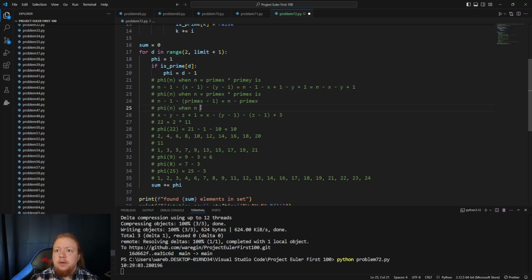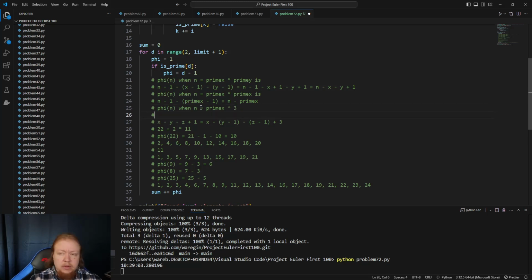Phi of n, when n equals a prime x cubed, is n minus 1 minus 3.